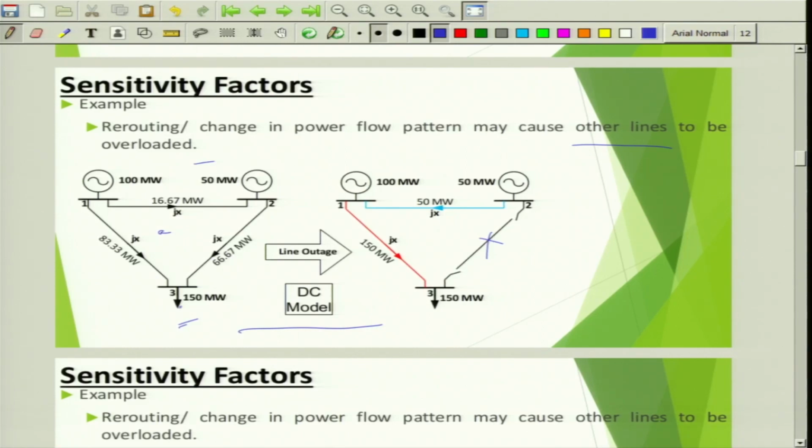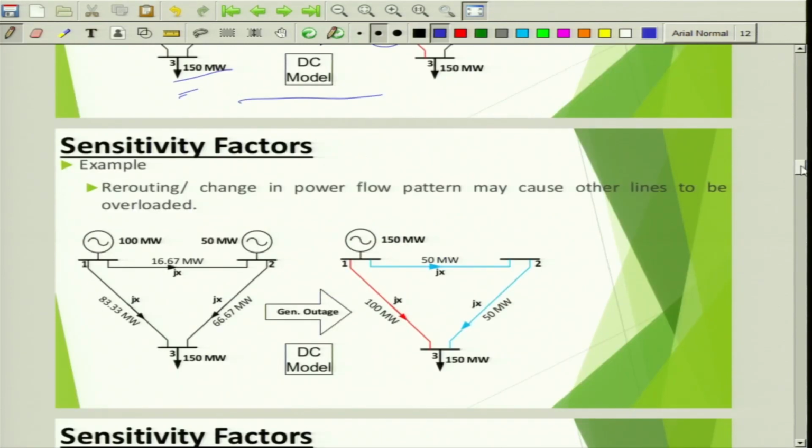Then what is happening, there is a load here of 150 megawatt, and all this 50 megawatt has to be rerouted through this line. Now this is overloaded, that is why it is shown in red color. This one is still fine, 50 megawatt is the limit of this line, but this line is overloaded at 150 megawatt. Then this is a generator outage.